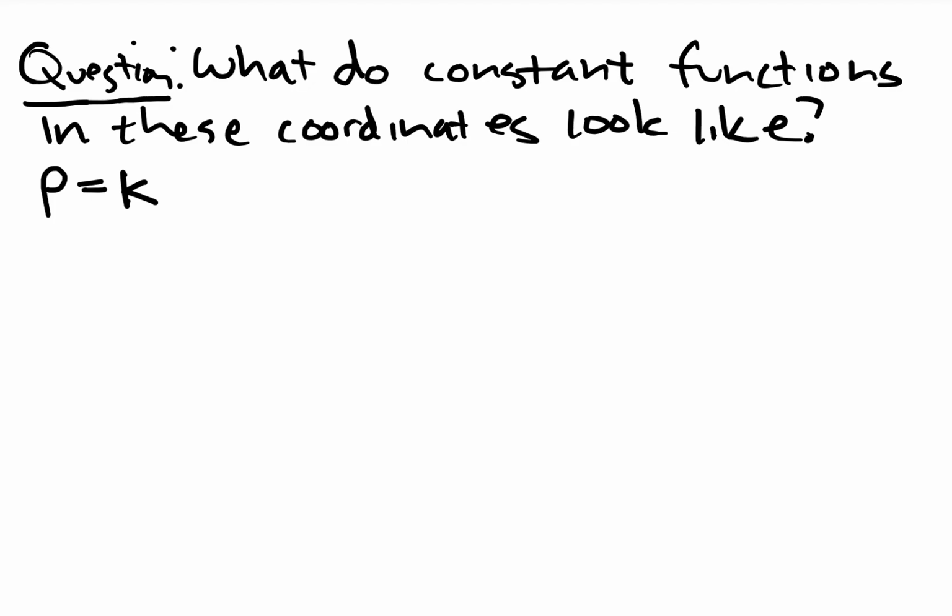Now, for example, here, if I set rho equal to k, okay, so I'm making the assumption k is supposed to be a constant here. If I make that assumption, what does this surface look like? Well, rho is supposed to be some sort of a distance from the origin, okay?